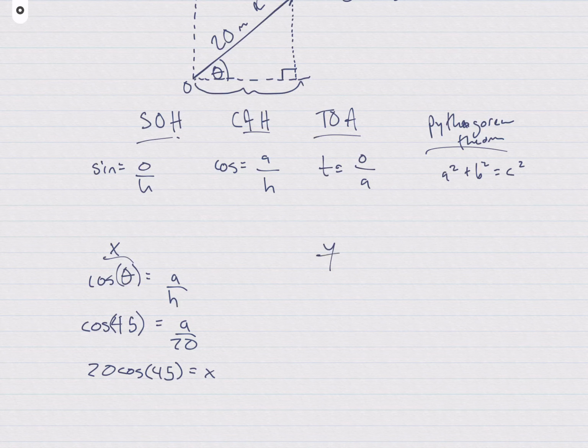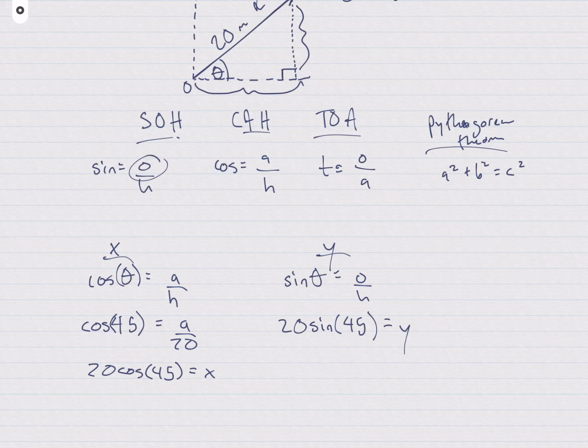As for y, it's basically the same thing, but now we're using sine of theta because this is opposite. So we have opposite over hypotenuse. Then, let's just skip ahead and just say 20 sine of 45 is equal to y.